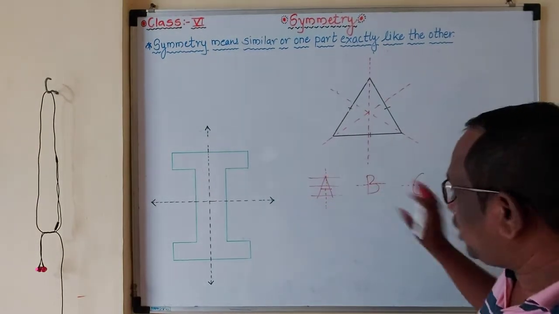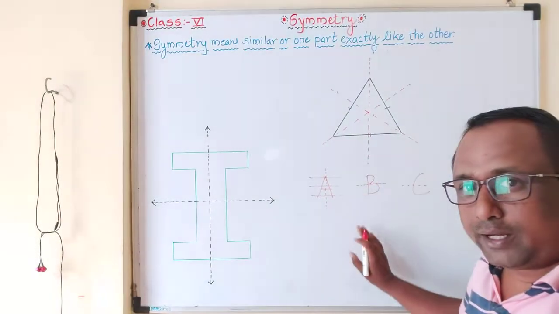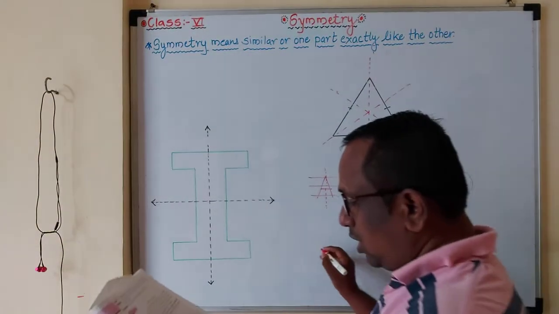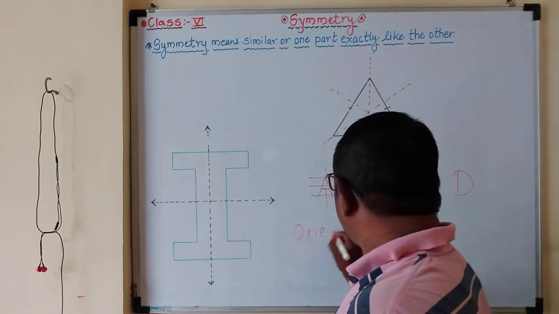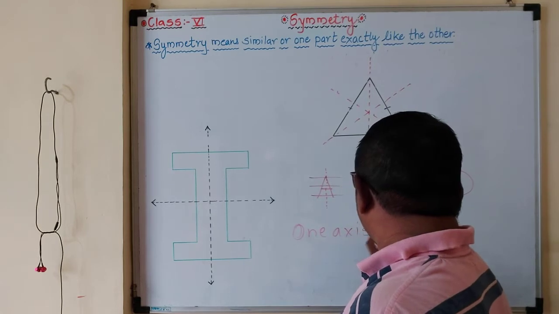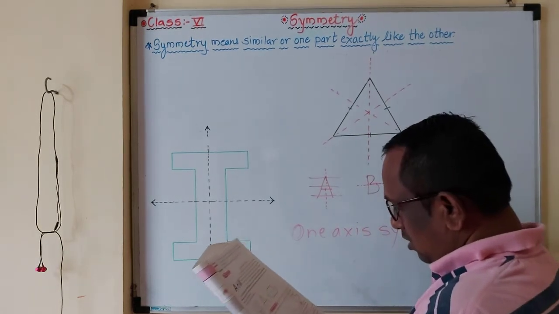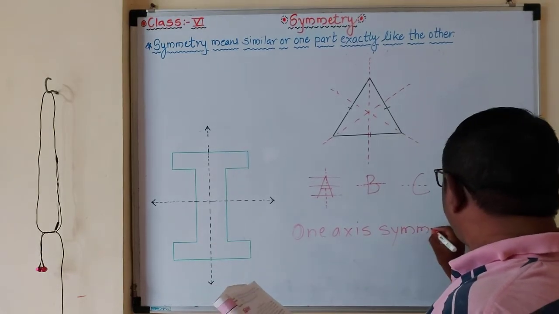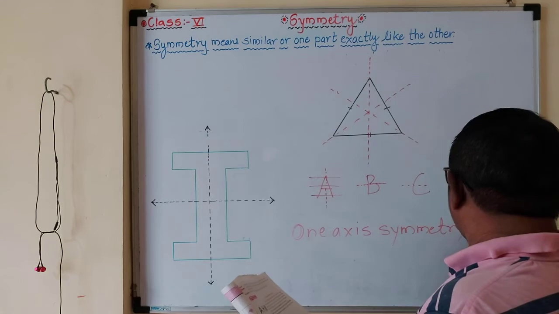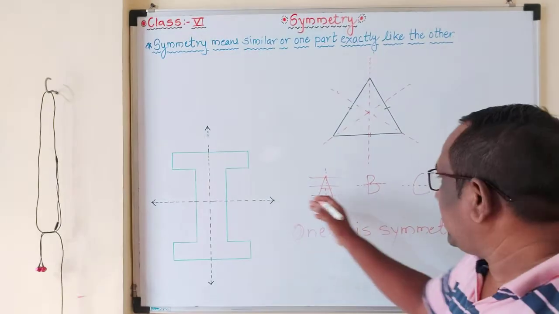First write A to Z, draw all the axes of symmetry, and then again you have to write which ones have more symmetry. One axis of symmetry: then you have to write the letters which have one, like A.